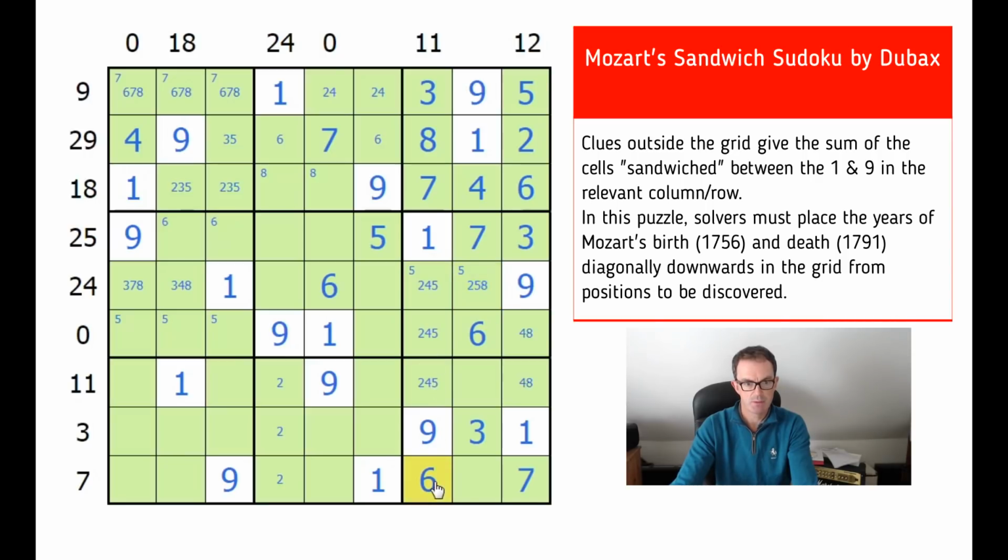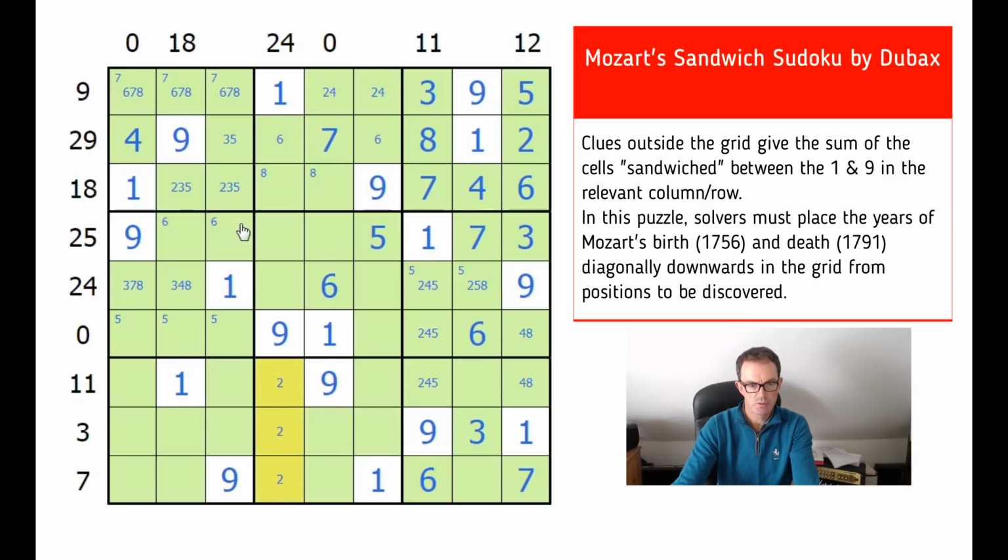Now, is this 6 helpful? No. Well, not very helpful anyway. Right, we're going to have to spot somewhere else to look, I think, because we've used this 11, we've used this 12, we don't know anything about this column, anything about this column, anything about this column.